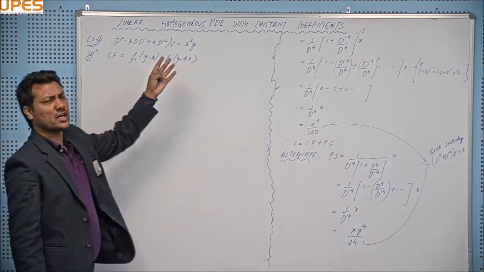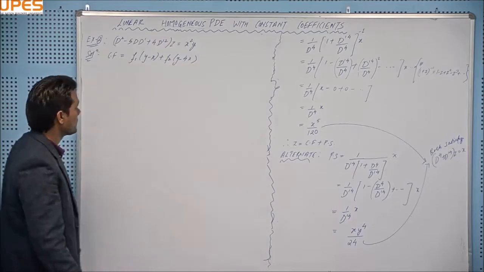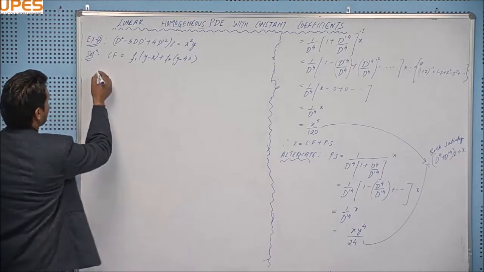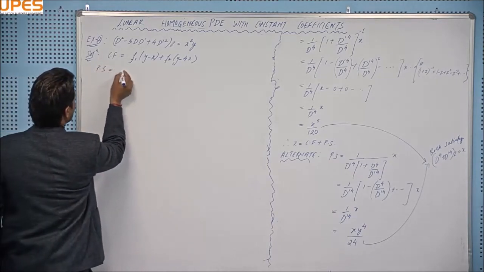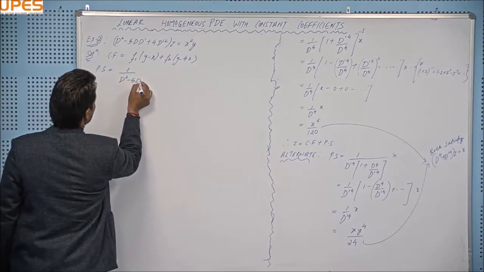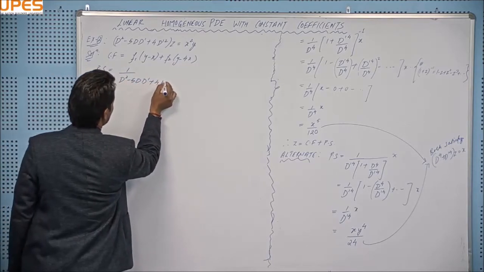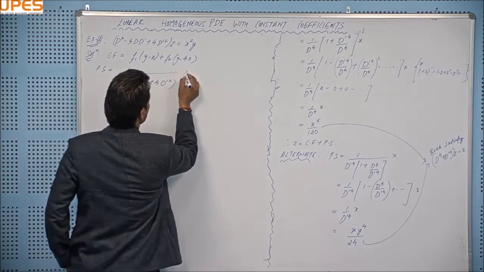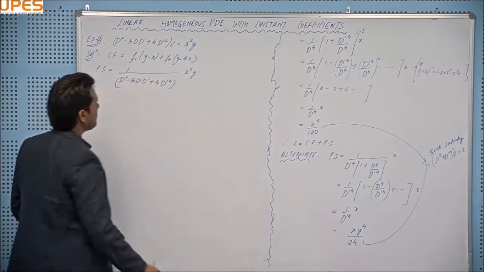There f1 and f2 are arbitrary functions. I'm not writing that again and again. Okay. And then the particular solution is equal to 1 over D square minus 5DD' plus 4D' square, acting on x square y.